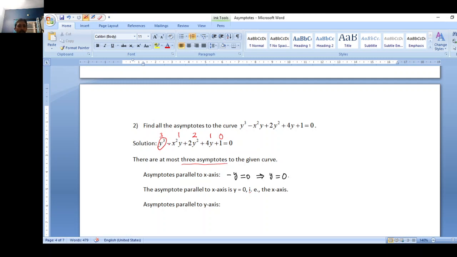So basically, as long as the coefficient of this is not a constant, we should have proceeded further, but because the coefficient is a constant, I would simply say that since the coefficient of the highest degree term in y is a constant, which is specifically 1, there is no asymptote parallel to y-axis.